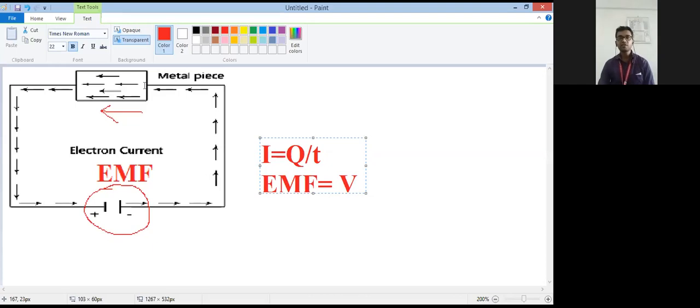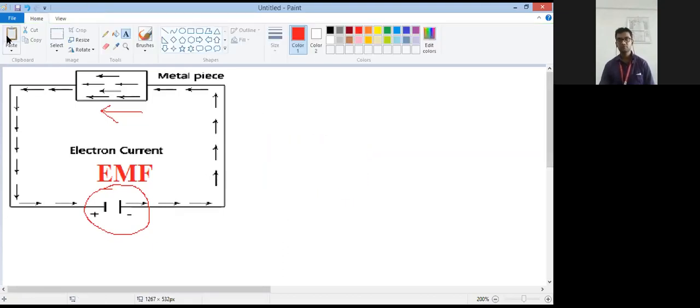Now, whatever current is flowing, that current is flowing because of the potential difference.